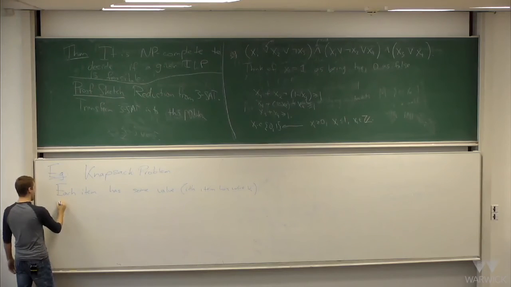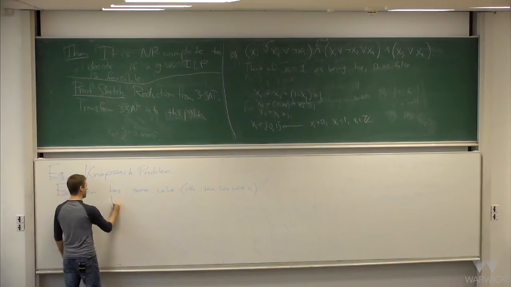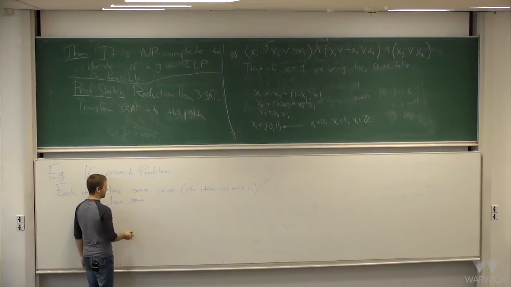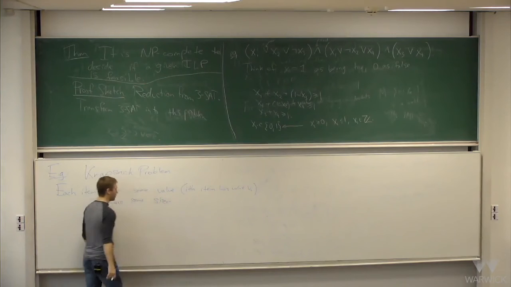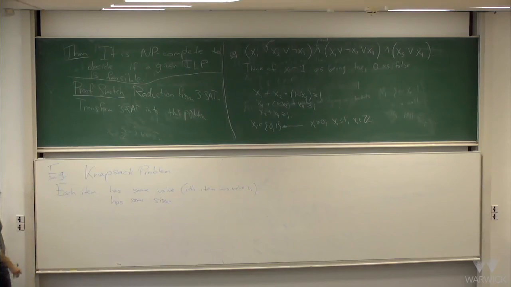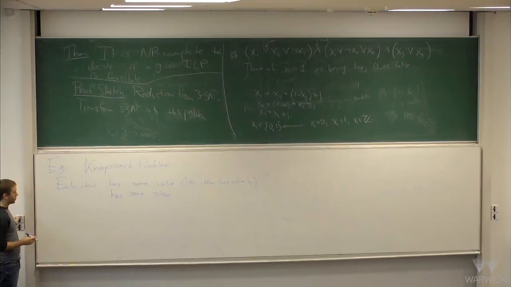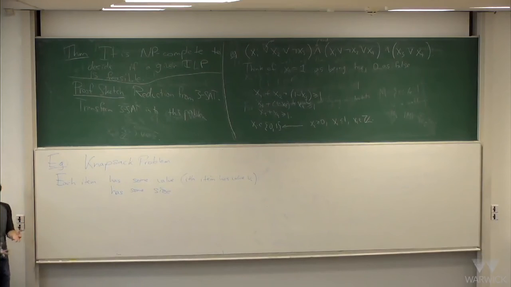And each item also has some size. Some things are obviously bigger than others. And you need to fit the things that you take into your knapsack or suitcase or whatever. And naturally, you want to take the highest value set of items that you possibly can, right?